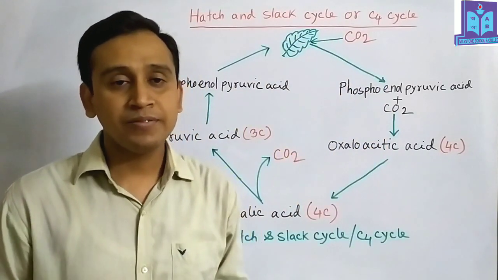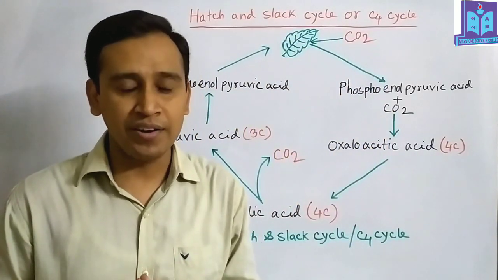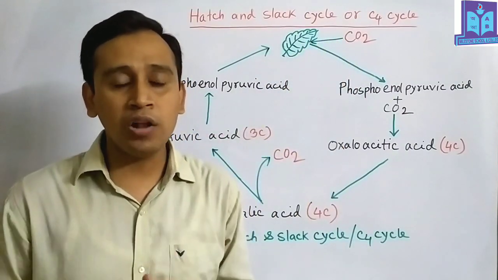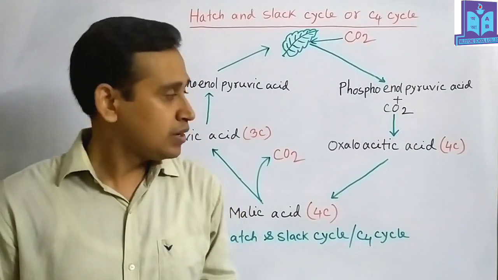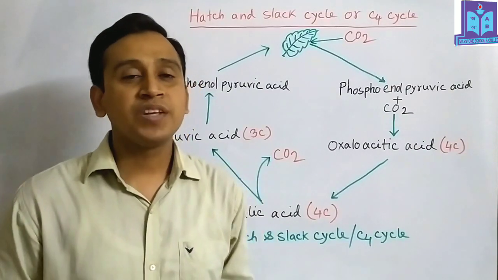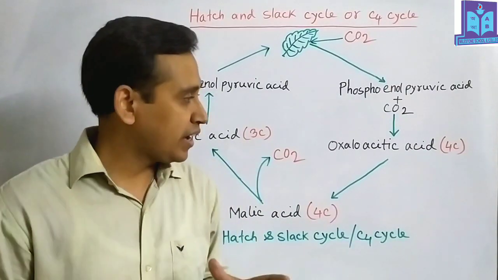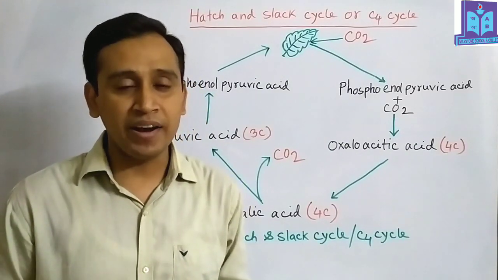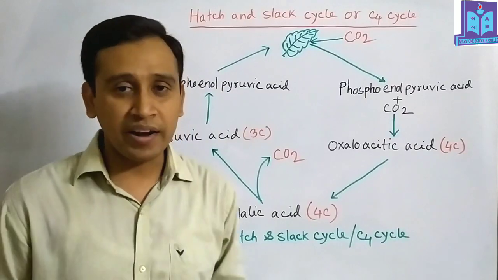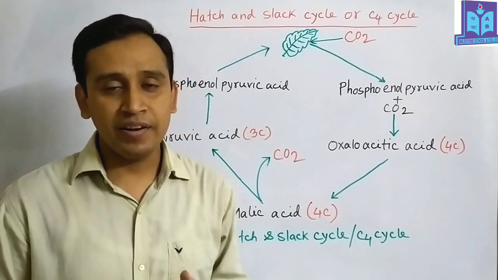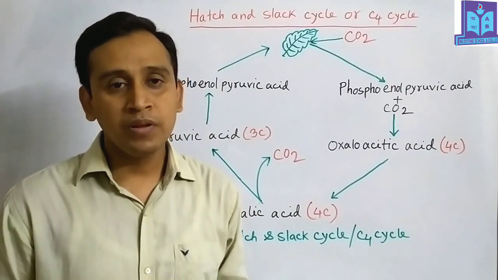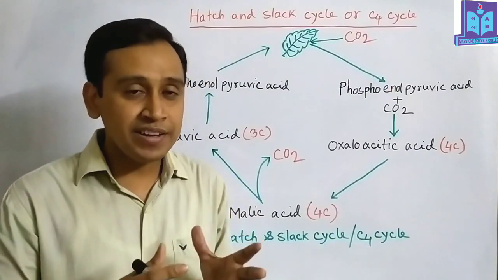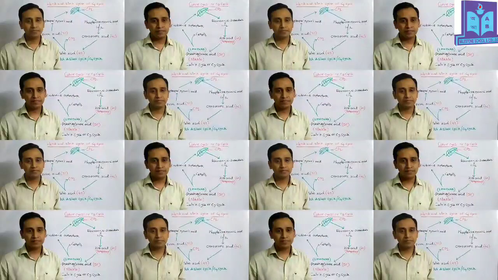The plants which produce carbohydrate through the C4 cycle are called C4 plants. Some examples of C4 plants are sugarcane, maize and grass type plants like mutha grass, amaranthus, etc. I hope now you will be able to differentiate between C3 and C4 plants.